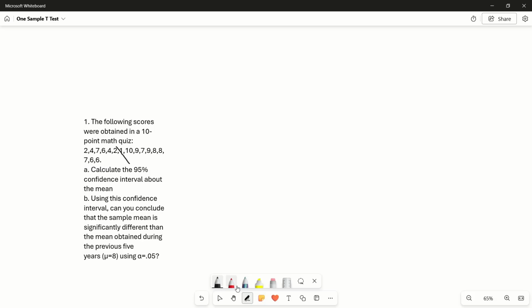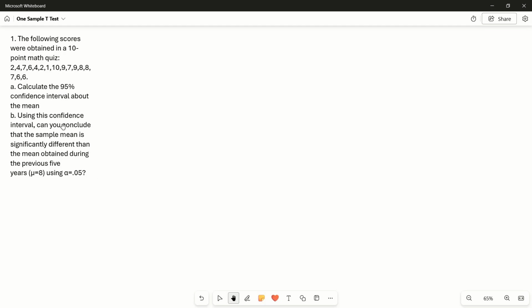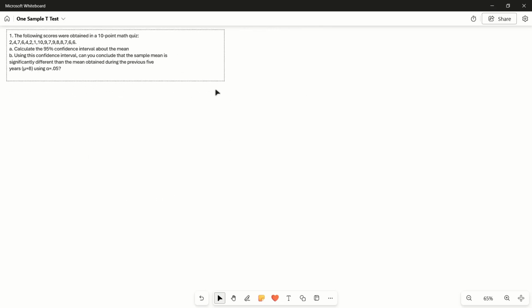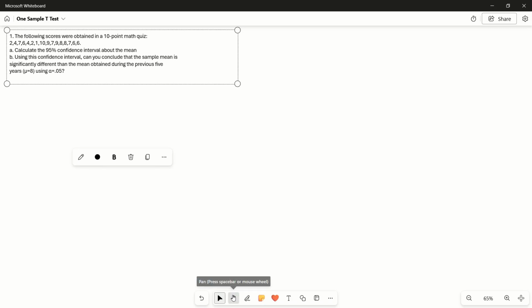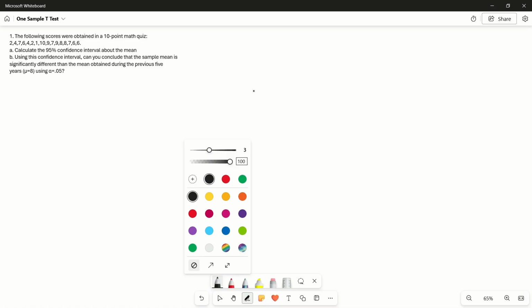Here's our 10-point math quiz. These are the following scores, and here are my X values. I'm going to put these scores in a row here.